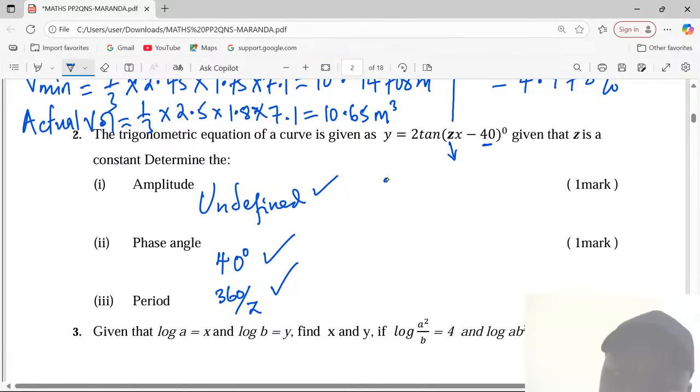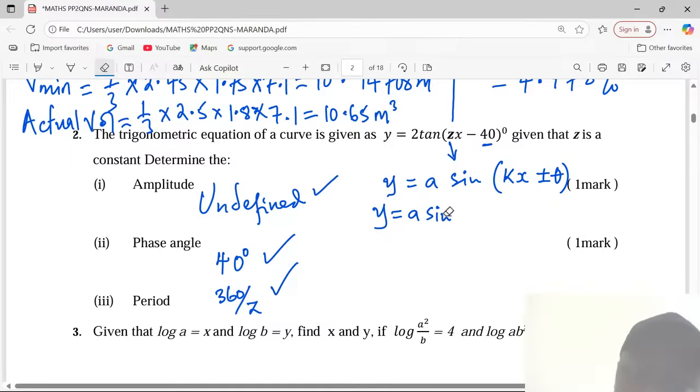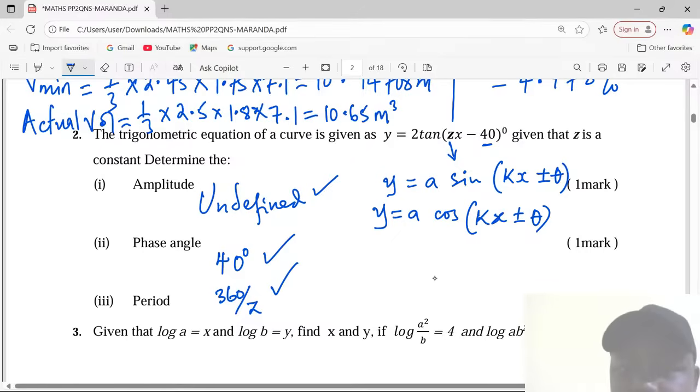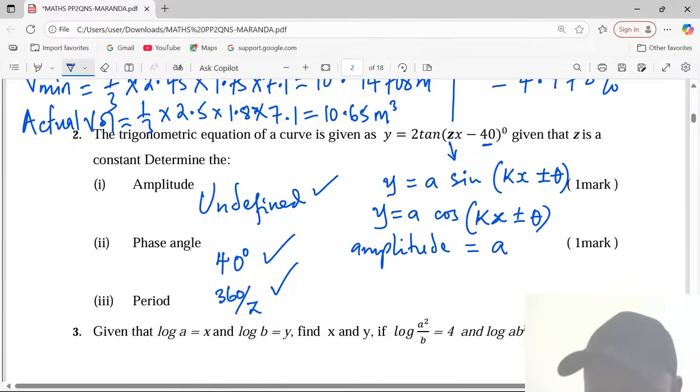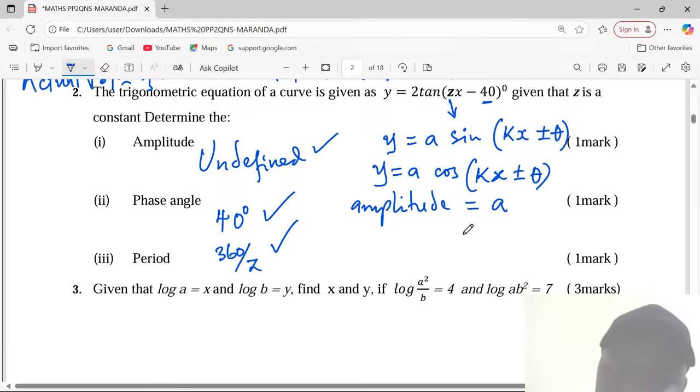In case it was a sine function or a cosine function with a constant a, y equals a sine(kx plus or minus a certain angle), or y equals a cosine(kx plus or minus a certain angle), then we would say amplitude equals the value a, the constant there.